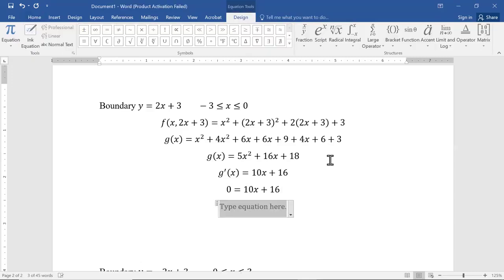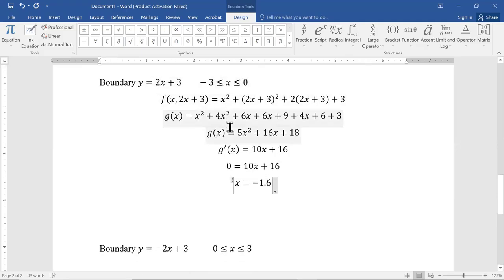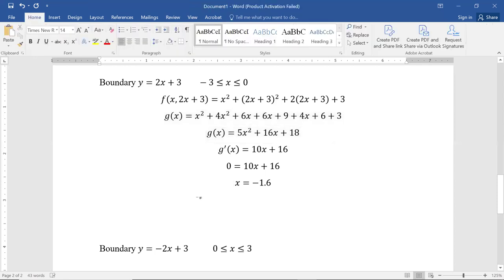I get a critical value when x is equal to negative 1.6. Negative 1.6 is within this region, so that means what I'm going to do is I'm going to test out 3 points.